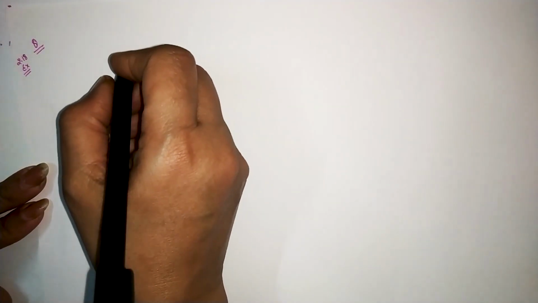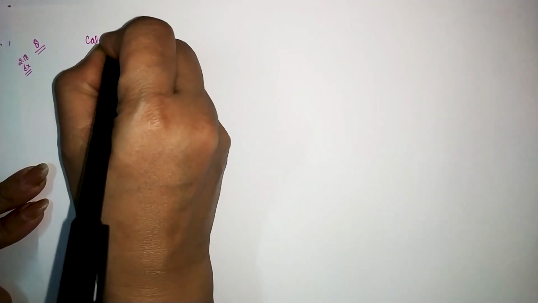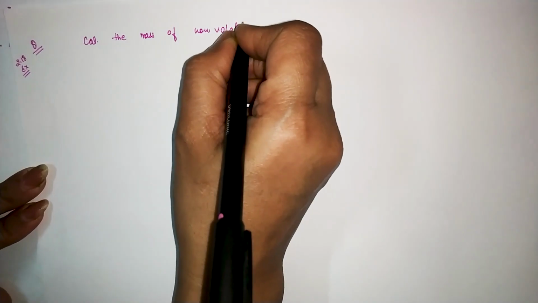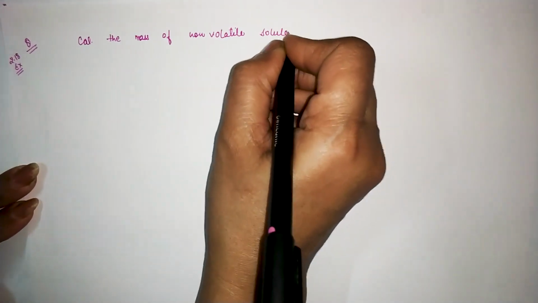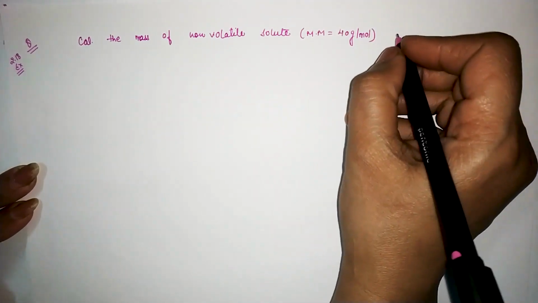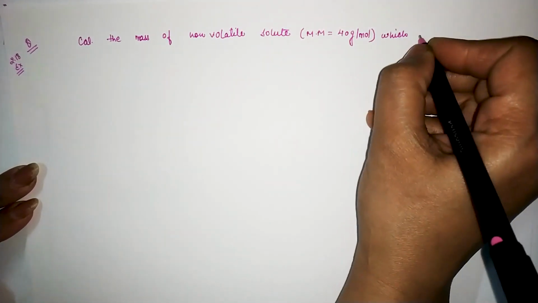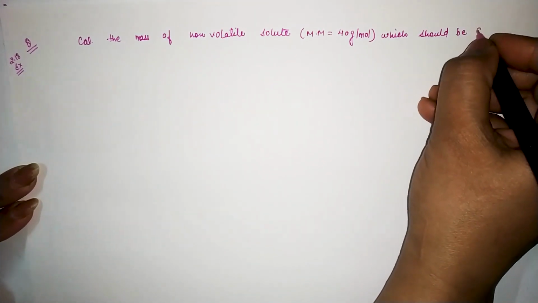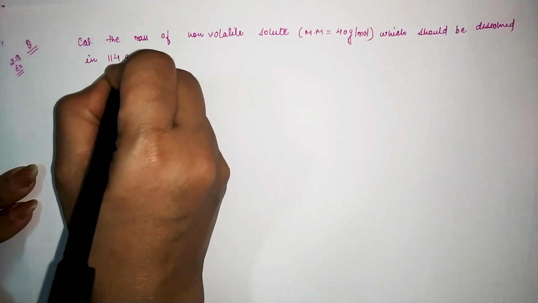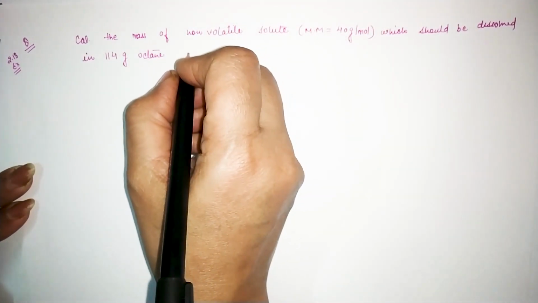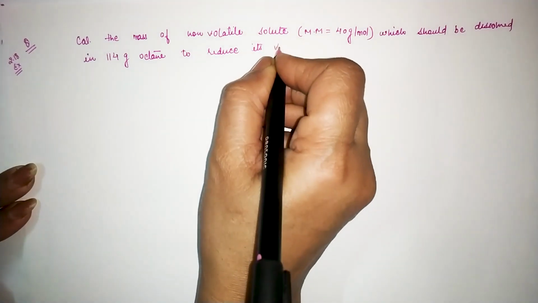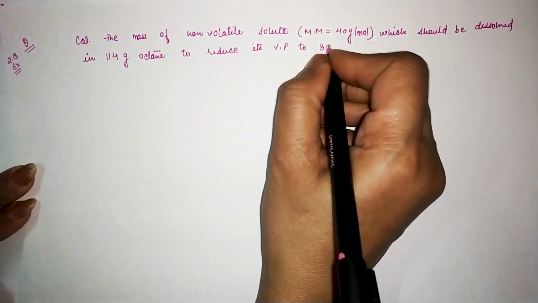In this question, calculate the mass of non-volatile solute whose molar mass is given as 40 gram per mole, which should be dissolved in 114 gram octane to reduce its vapor pressure to 80%.